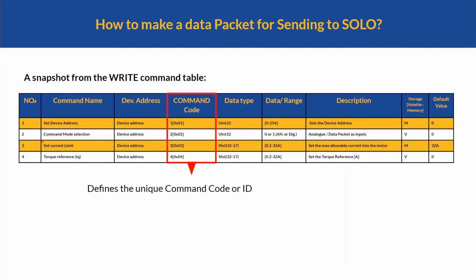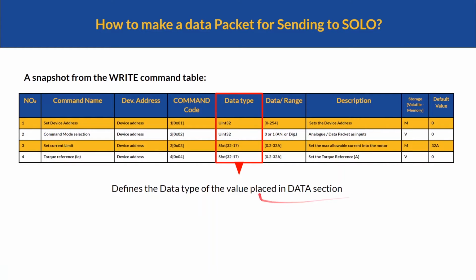If you want to change the command mode selection, if you want to set the current limit or the torque reference, you need to use one of these command codes which are unique and doing only one action at a time. The data type here defines for you that if you use a specific command code or if you read a command from Solo that has this code in the command code section, what is the data type of that packet actually?